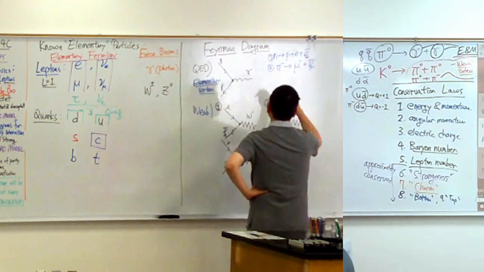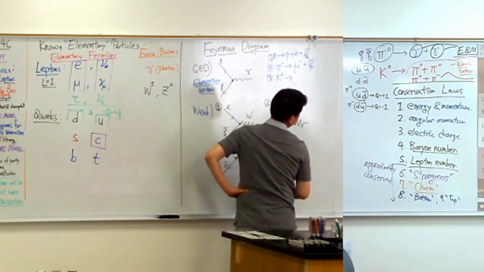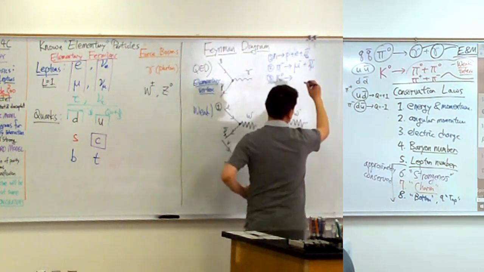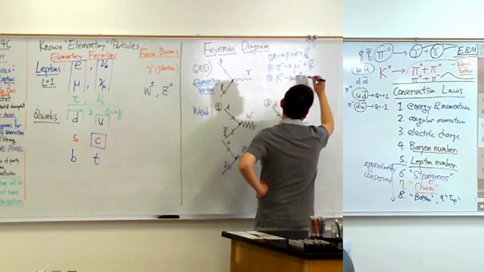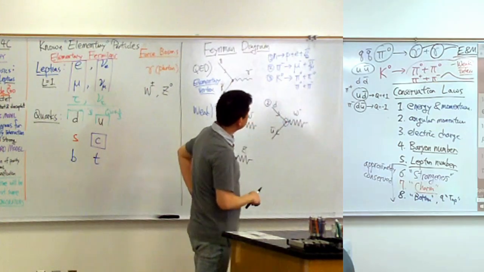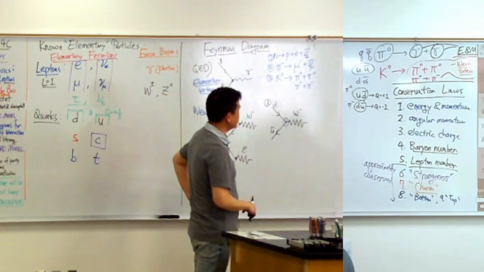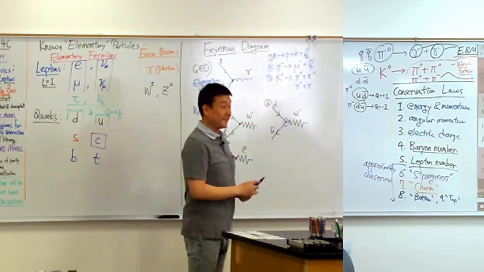Let's see if I can draw that. Neutral K meson turning into, I guess I can do two different versions: two neutral pi mesons, or pi plus and pi minus. Let's do those first and then see if we want to do more.